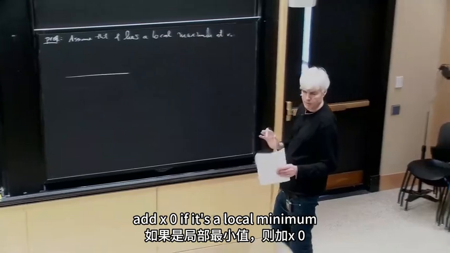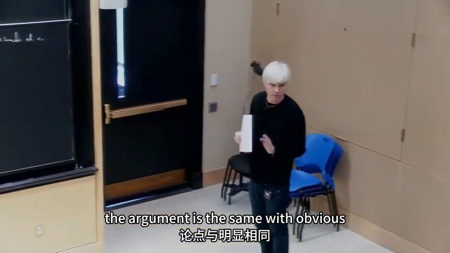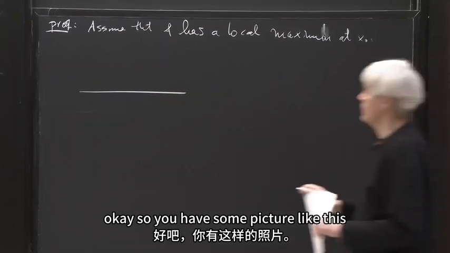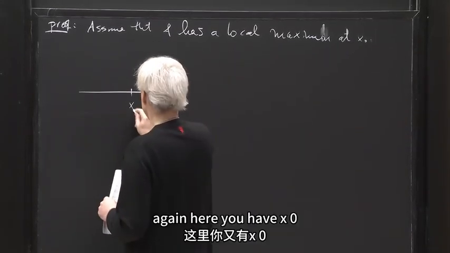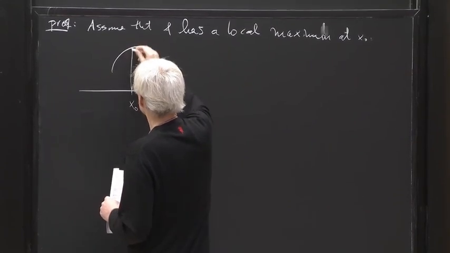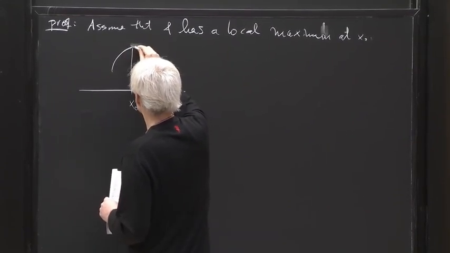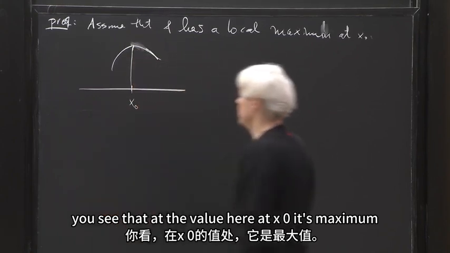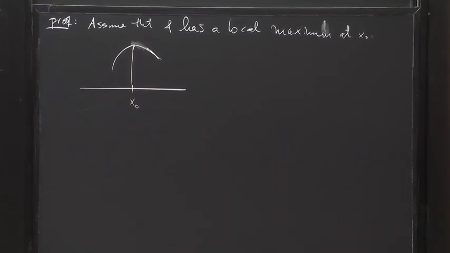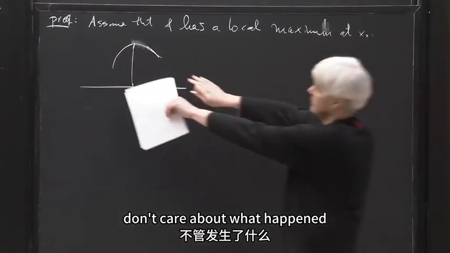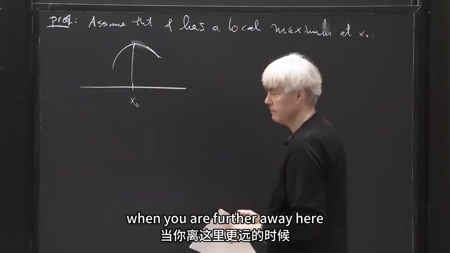If it's a local minimum, the argument is the same with obvious modifications. Okay, so you have some picture like this. Again, here you have x0, and this here is like the function. We see that the value here at x0 is maximum. And then we don't care about what happens further away here, right?